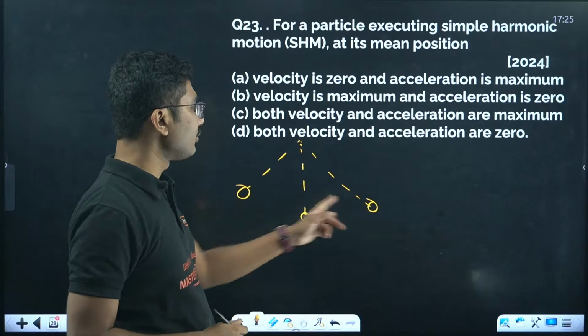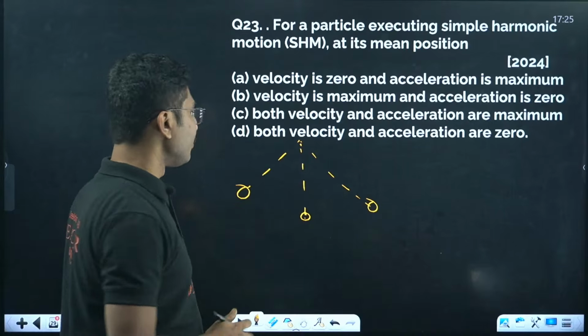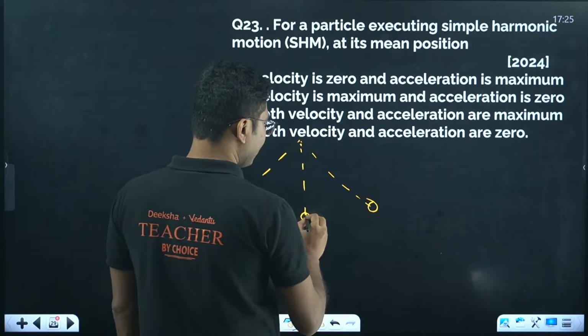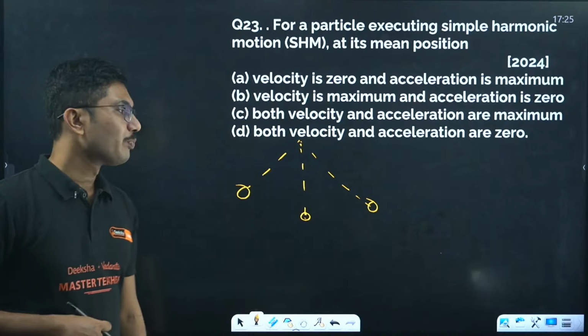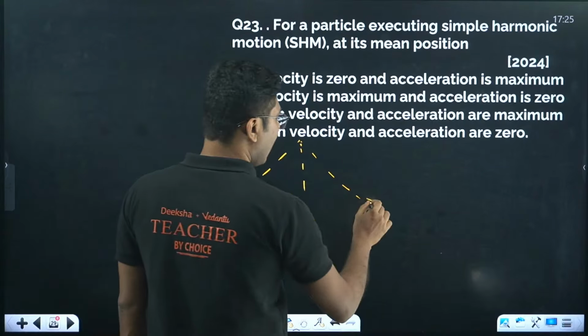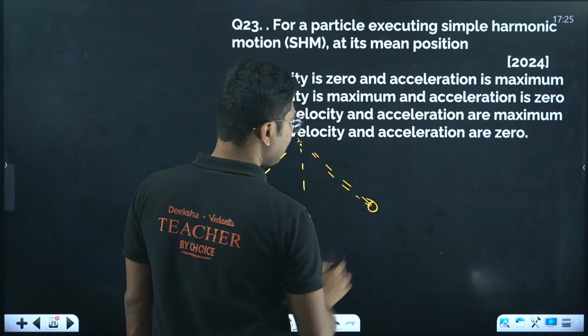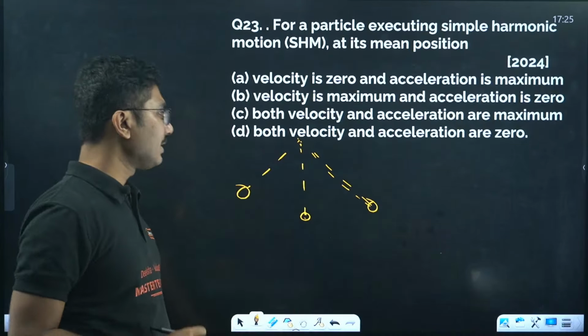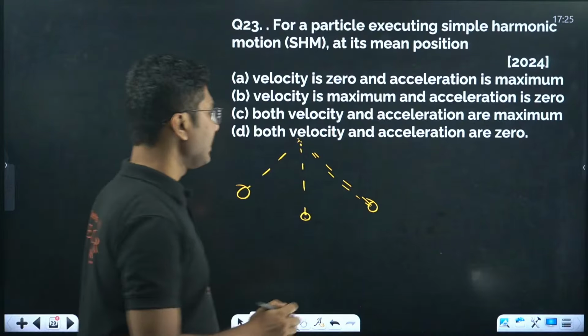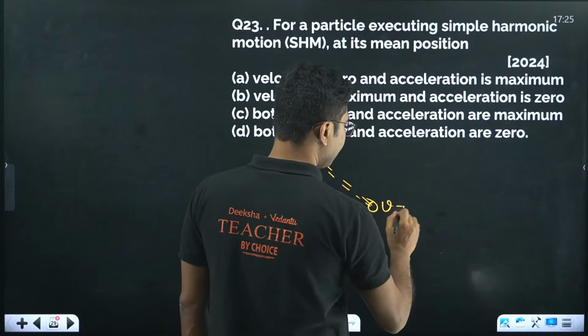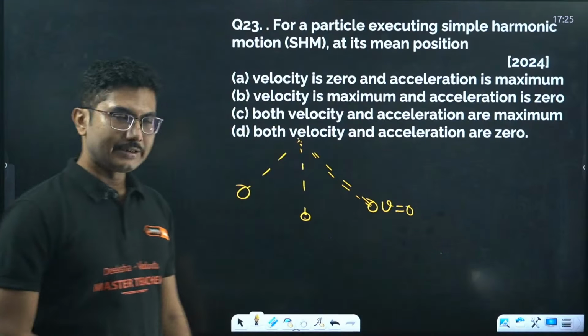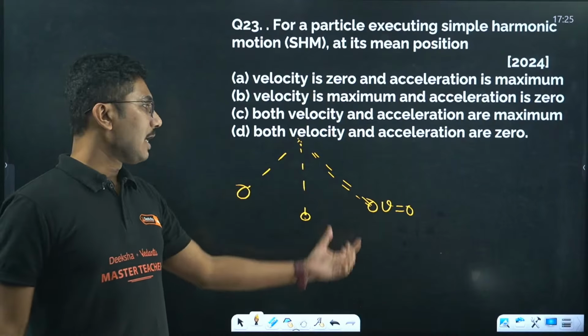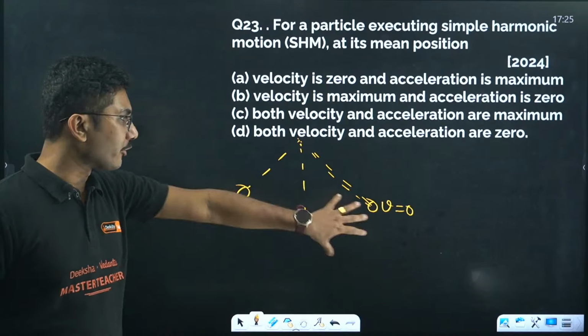These are the extreme positions, this is the mean position. Remember that at the mean position obviously displacement is 0, and when the particle reaches the maximum position, obviously it comes to rest, and because of the rest velocity is 0. Velocity 0 means it has to move back to its original position.